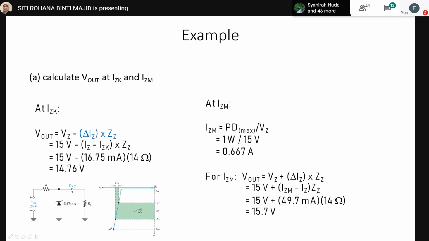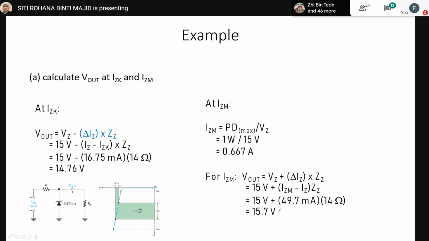IZK is the voltage at the below part of IZK, and IZM is above the IZM part. That's why we put a plus here. So again, with the same equation from Ohm's law, we can calculate V out at IZM as 15.7 volt. That is at the maximum part.